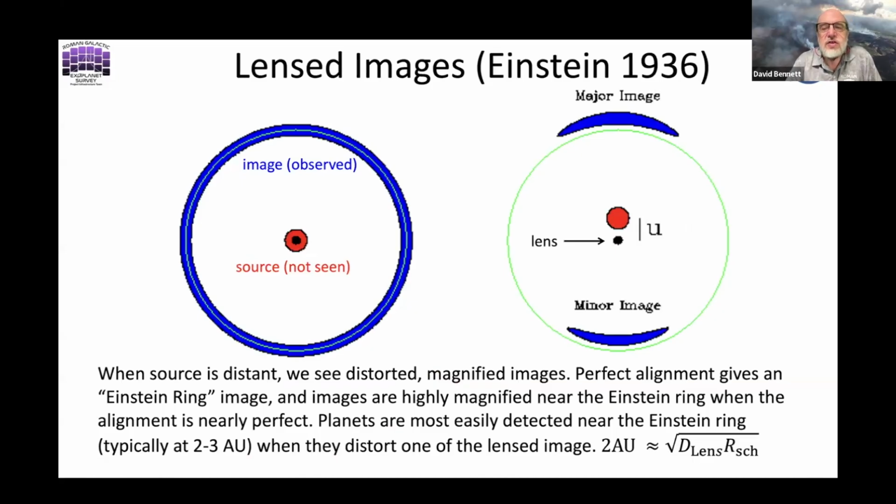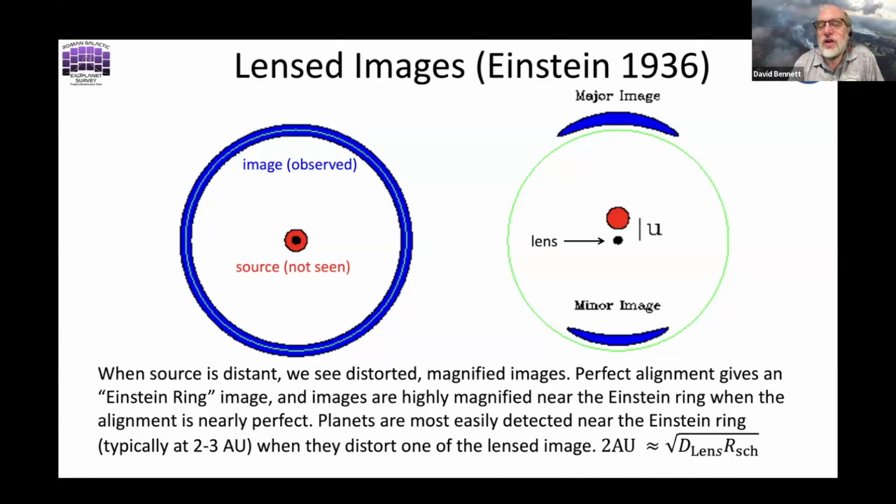All right, so this is a diagram to show that the Einstein radius is a characteristic scale for detecting planets with microlensing. You get a ring image when you have a perfect line between a single source and a single lens, just by symmetry. But the highly magnified images tend to be close to the Einstein radius, and this is where we're most sensitive.